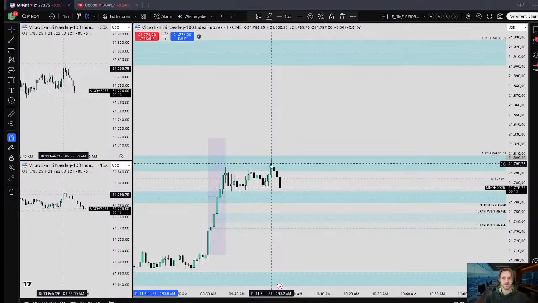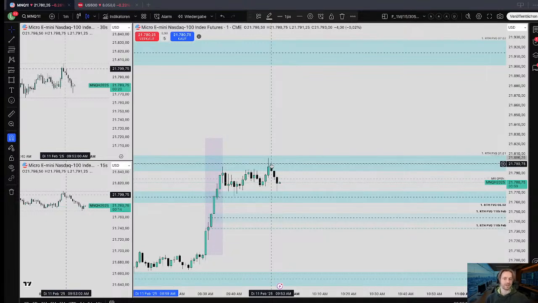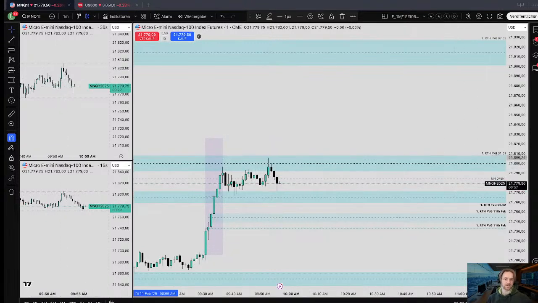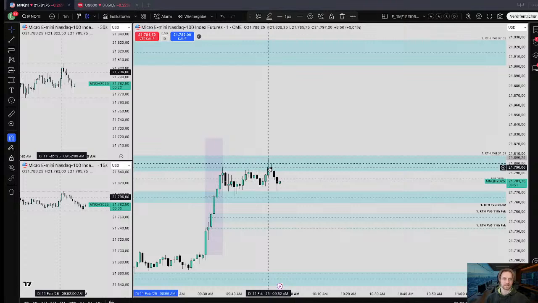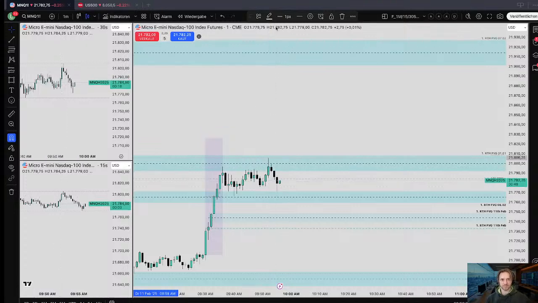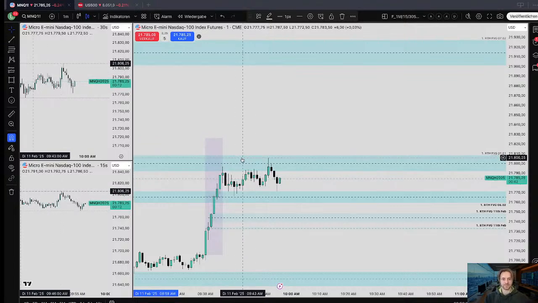Look, its high is on 21,806.25, and it's the same level, like you see it on the right. I can't move the cursor right now, but here, 21,806.25, and here it's the same. You see it here above, 21,806.25. It's beautiful.